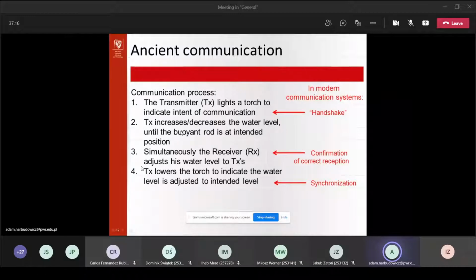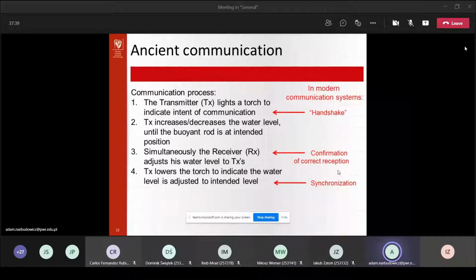Step two, this is of course this process of modulation or of communication that we're talking about. So we just adjust the water level until the correct information is transmitted, and simultaneously the receiver adjusts the water level, right? So this is again something we will be talking about later on in modern telecommunication systems.